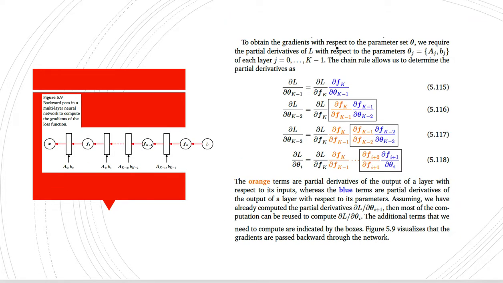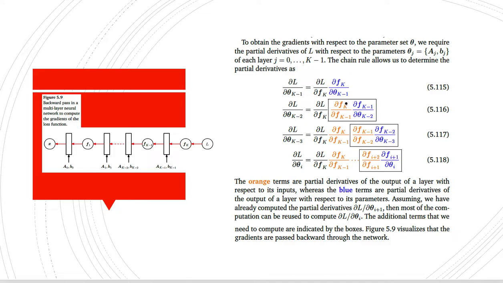Okay, to obtain the gradient with respect to the parameter set theta, we require the partial derivative of L with respect to the parameter theta_j, A_j, b_j, of each layer j equal to 0 until K-1. The chain rule allows us to determine the partial derivative as this. Alright, the orange terms here are partial derivatives of the output of a layer with respect to its input.